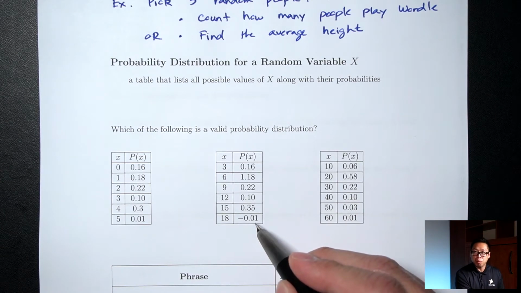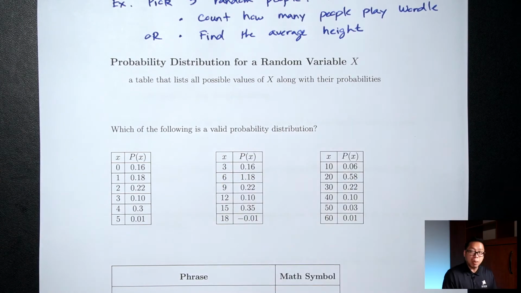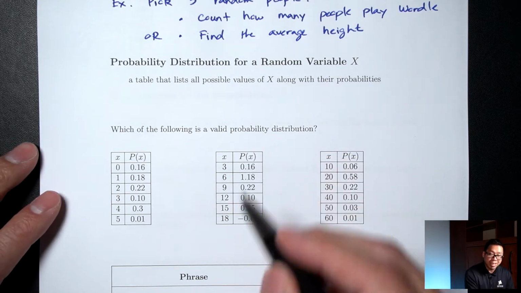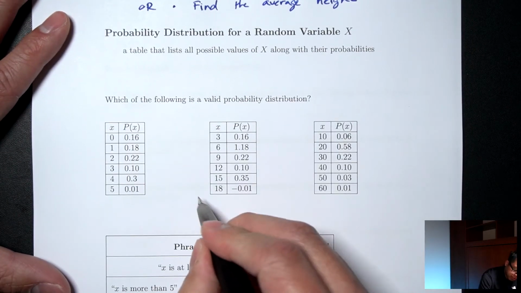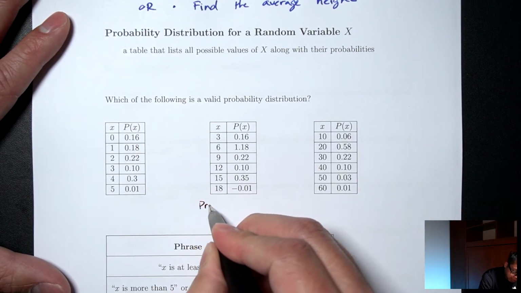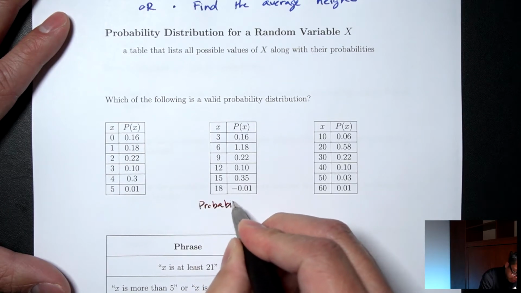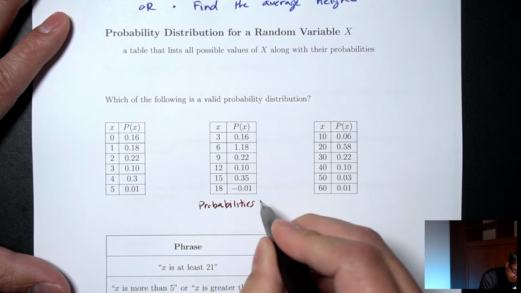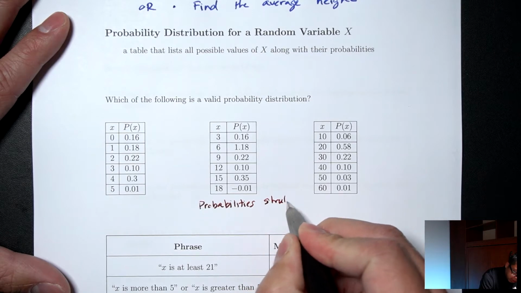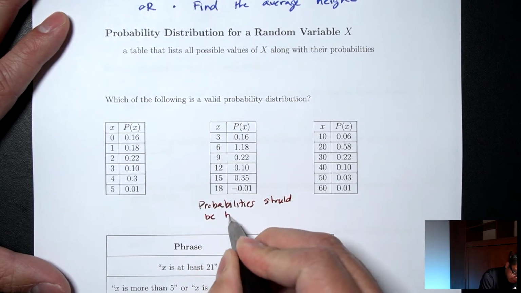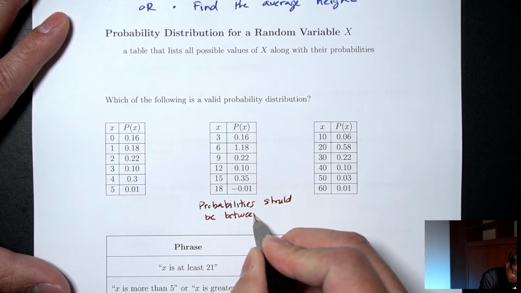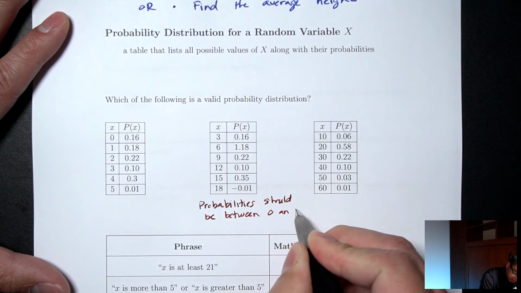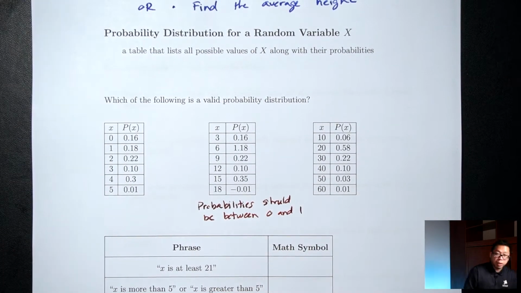That's also not between 0 and 1. So this second table is no good because probabilities need to be between 0 and 1. So that's one requirement.